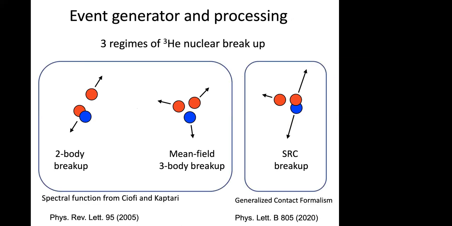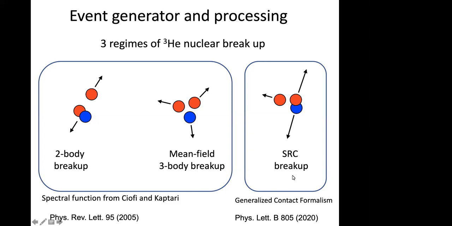For the 2-body breakup and 3-body breakup, we use the spectral function from Sargsian and Kaptari. From this spectral function, we are able to generate the active nucleon momentum distribution, and we can also use a light-front formalism in order to calculate the spectator kinematic information.